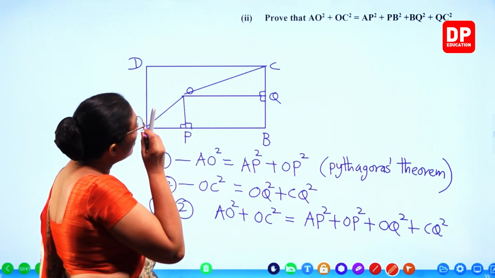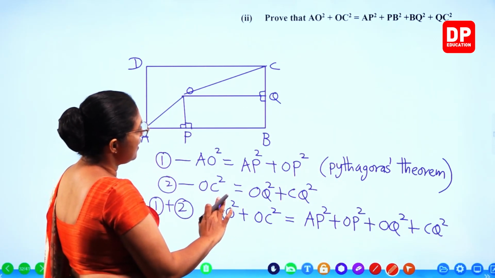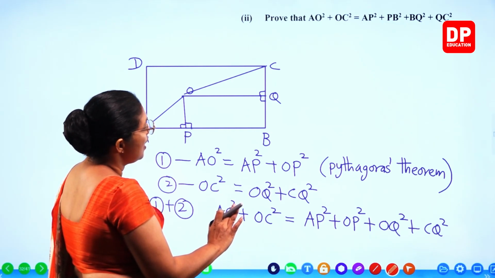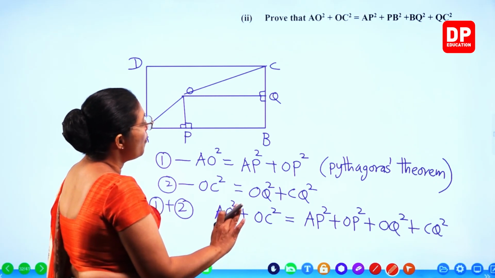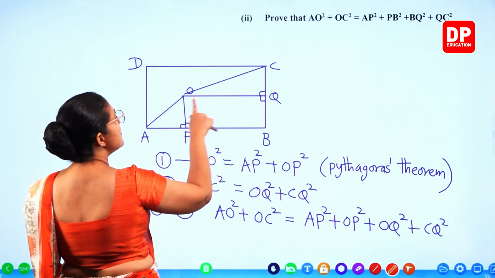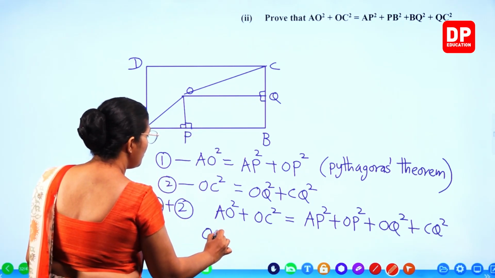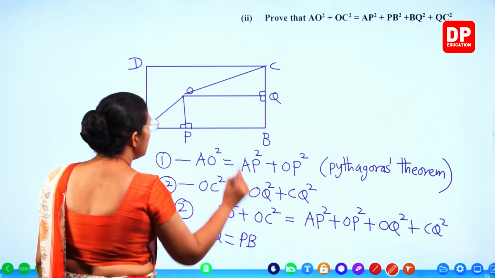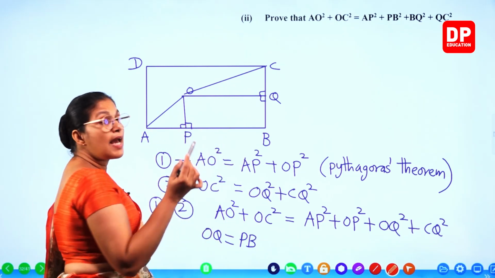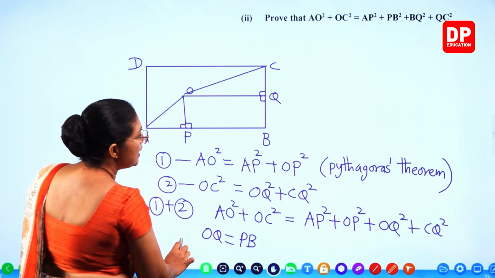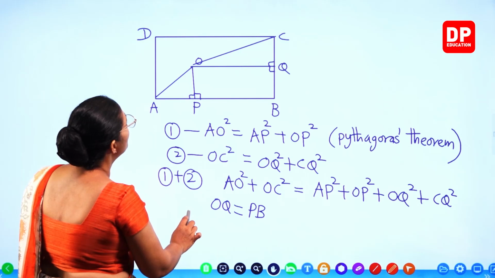Now look at the answer. AP squared is there. We need PB and BQ instead of OP and OQ. What can you say about OQ? Instead of OQ, you can write PB because this is 90 degrees, this is a rectangle, opposite sides are equal.